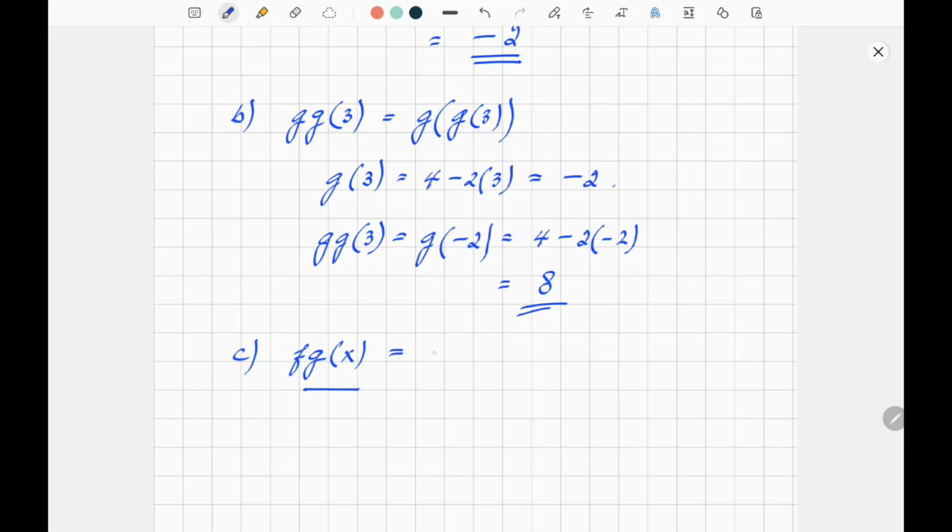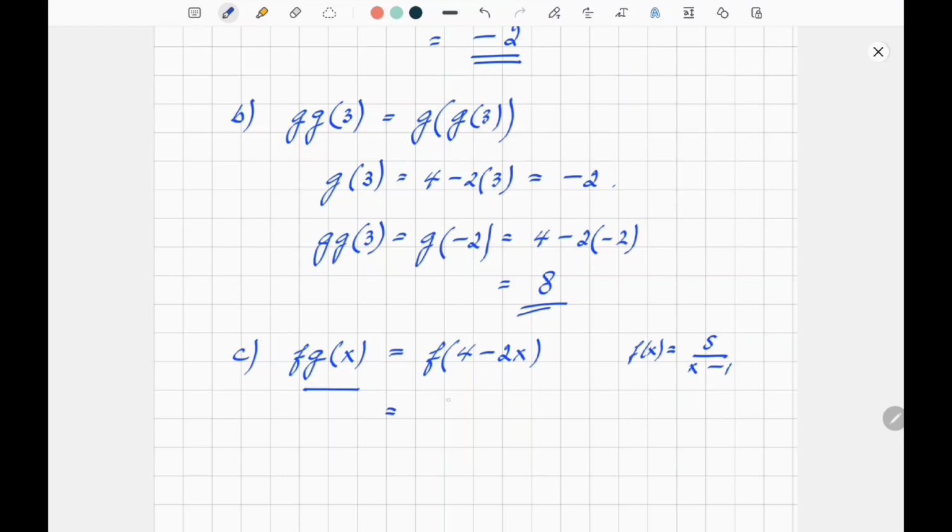So that means f of the function of g, which is 4 minus 2x. Do you agree? And f of x, remember, is 5 over x minus 1. So we replace the x with this whole expression, 4 minus 2x.